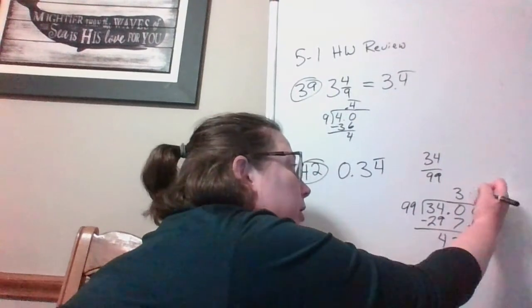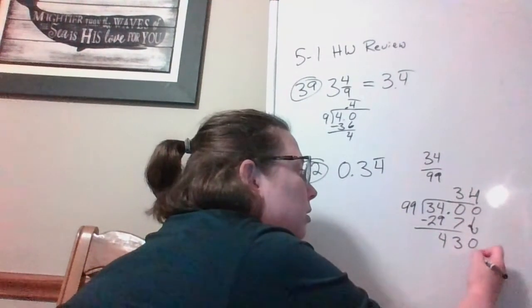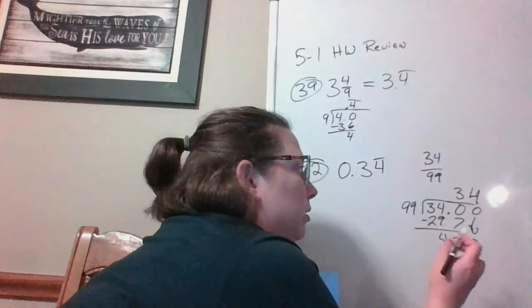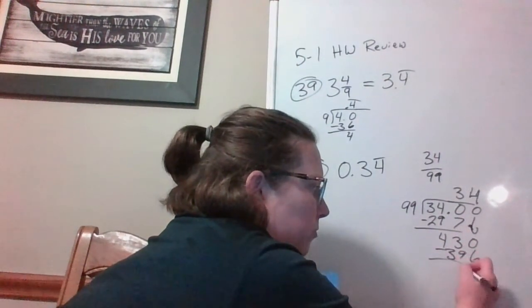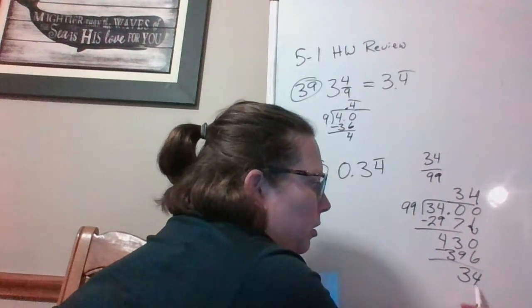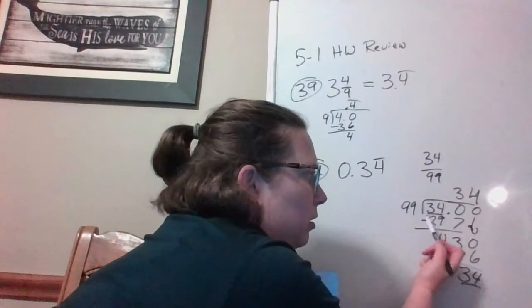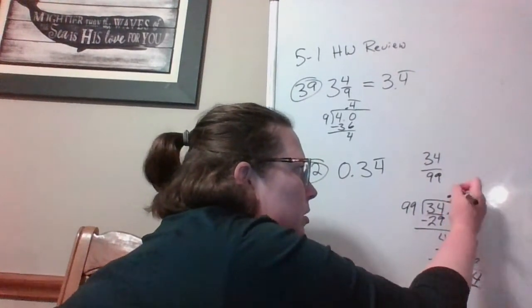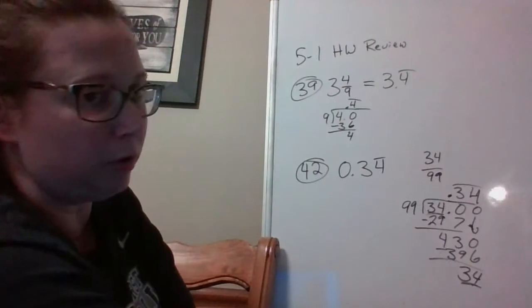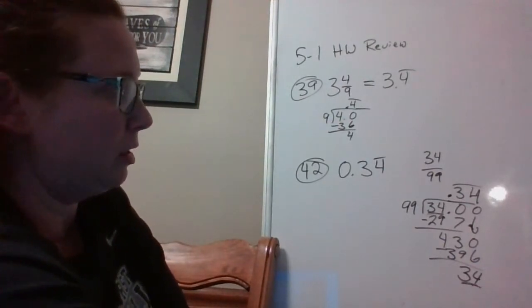Excuse me a moment while I divide here. Oh, and check it out. I started with 34 and I ended up with 34 again, which means that 34 is actually going to repeat.